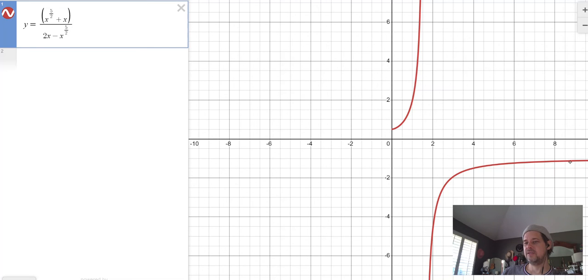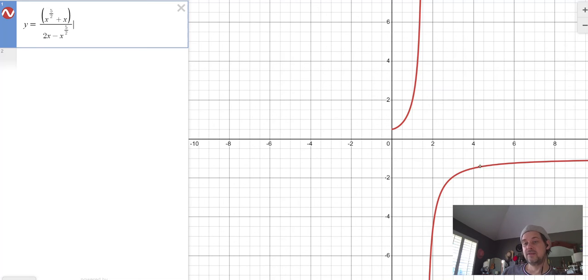See how the points are trending? By the time I am over to 8, that curve is closing in really close to whatever this number is. I can follow it over, and that's -1. -2 is right here, -1 is right here.